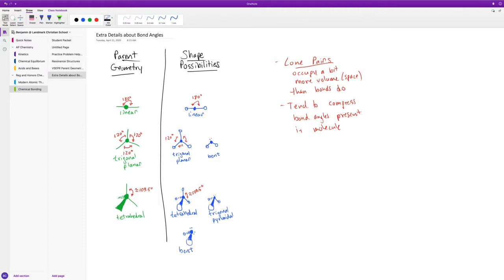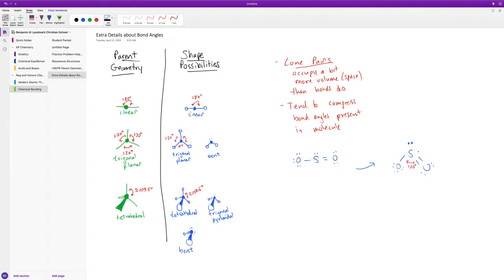Here's one of the resonance structures for sulfur dioxide, and we would predict it to be bent with a trigonal planar parent geometry. By VSEPR, we have 3 effective pairs of electrons around the sulfur atom, and we might expect this bond angle right here to be 120 degrees.